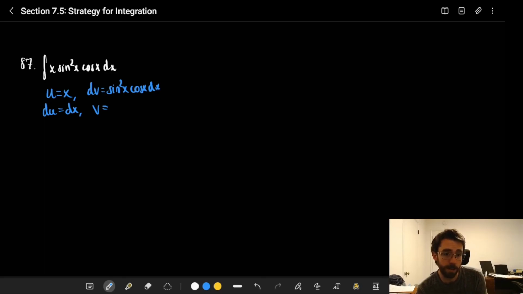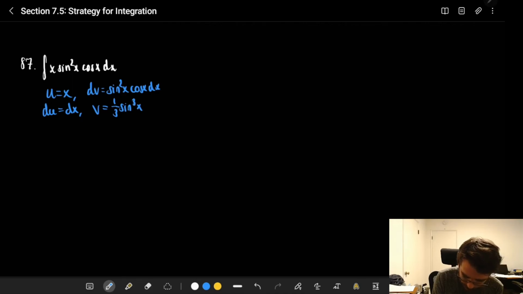So it's u squared du, and then that's u cubed over 3, so you get sine cubed over 3. Again, going fast because who has time for this? And then you could check, take the derivative to make sure it's right, and you get sine squared cosine. Yeah, it works.